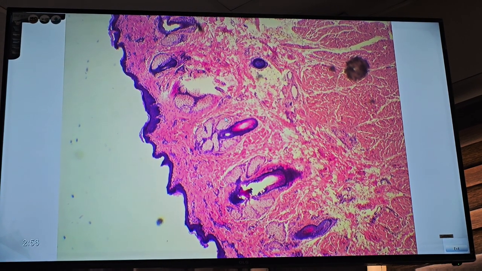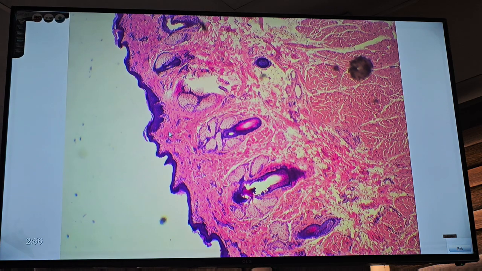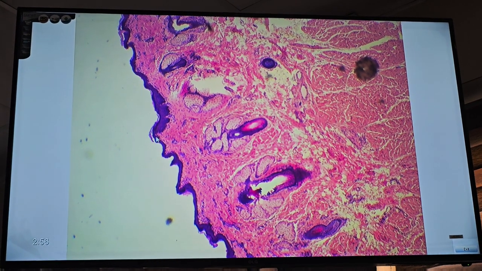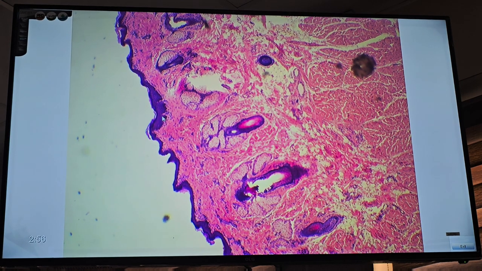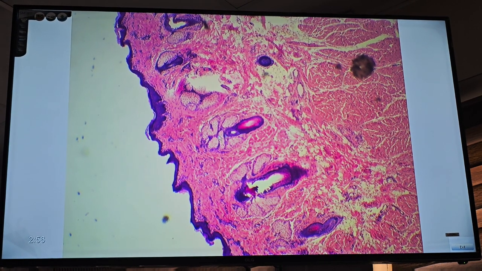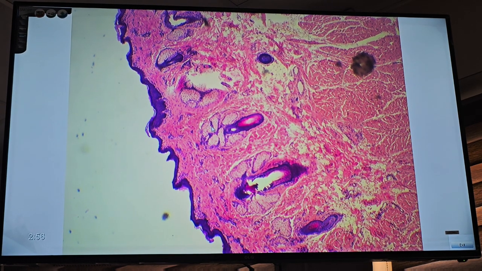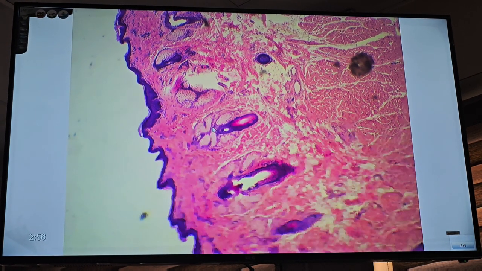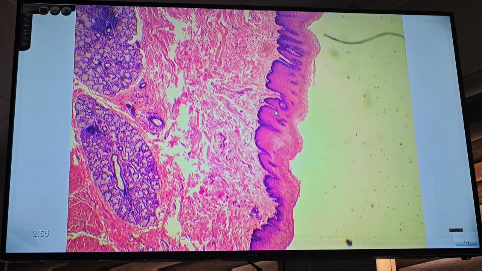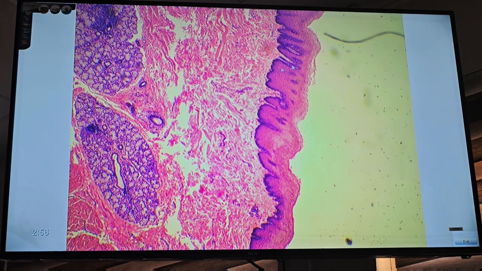This is the outer surface of the lip. It is composed of thin skin, epidermal, dermal layer, hair follicle with sebaceous gland. The inner surface of the lip consists of oral mucosa.